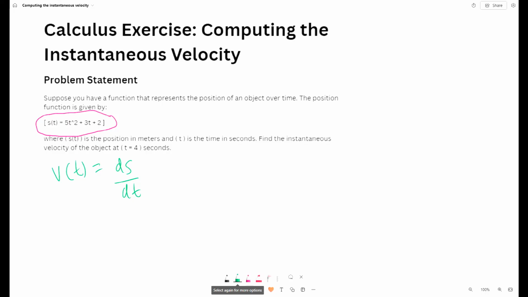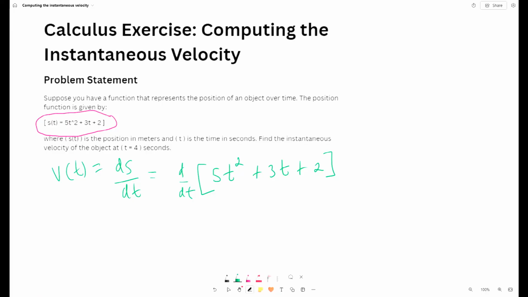So that's equal to d dt of 5t squared plus 3t plus 2.